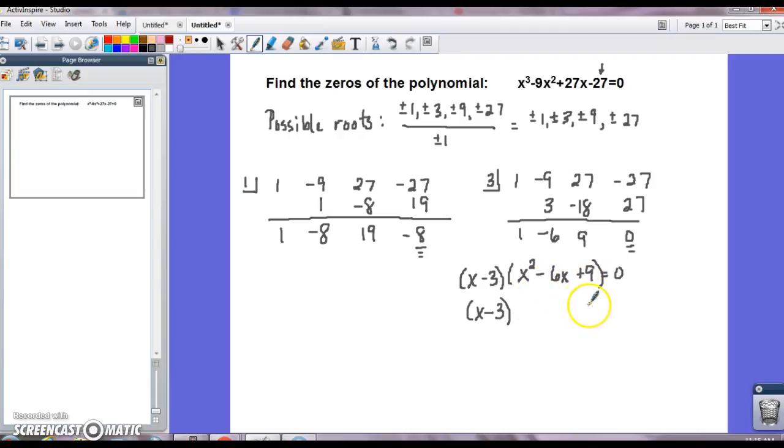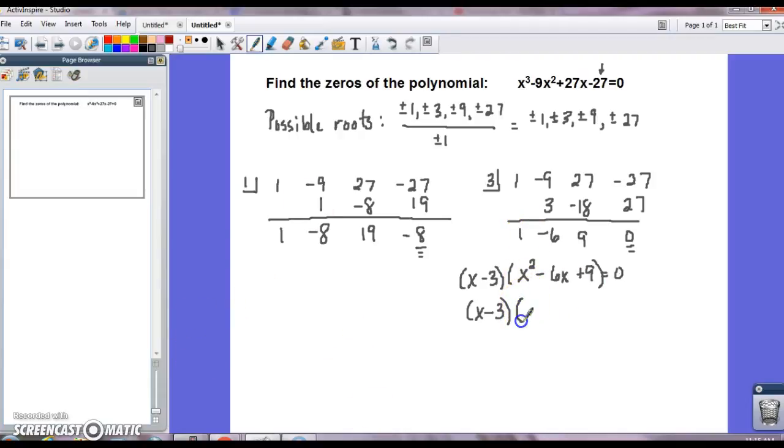If you couldn't factor it, then you'd have to either do the quadratic formula or completing the square or something like that. If you start off with a higher degree, so maybe you start off with a 4th degree polynomial and you find one of the factors, and then you still have a 3rd degree that you can't factor, then you would just start the whole process all over again.